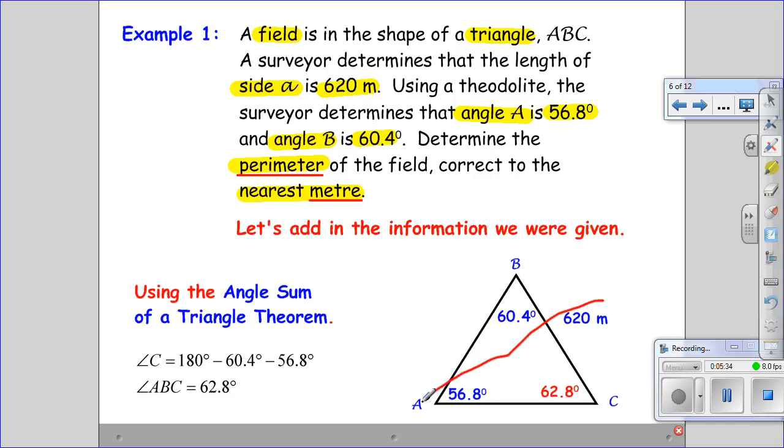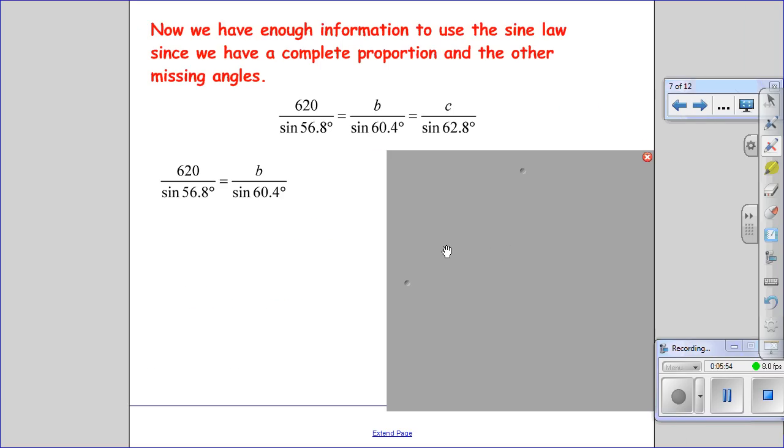Remember what I said in class, if I can see this complete ratio, that's a pretty good indicator that the sine law is going to work. So I can write 620 over the sine of 56.8 equals side C over the sine of 62.8 equals B over the sine of 60.4 degrees. And that's what you see right there.